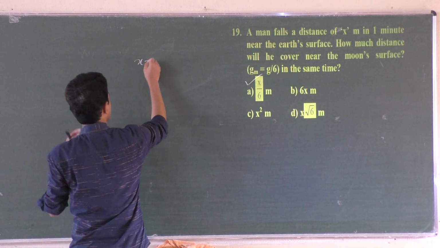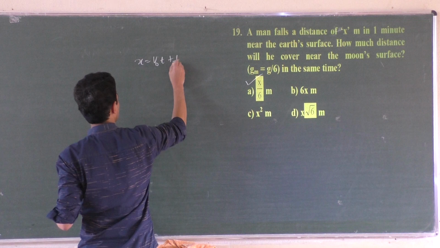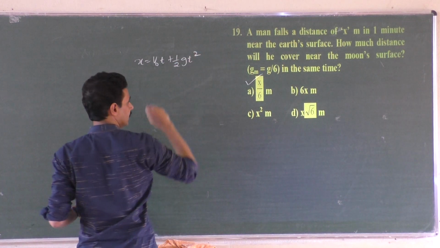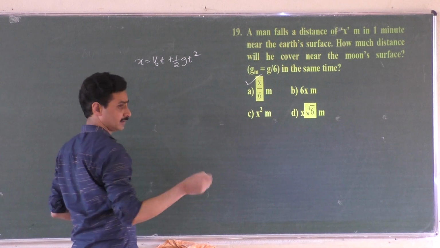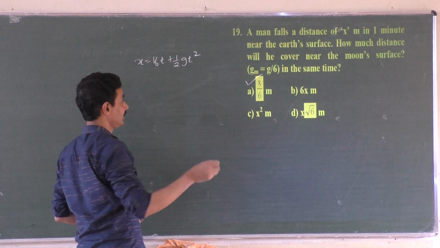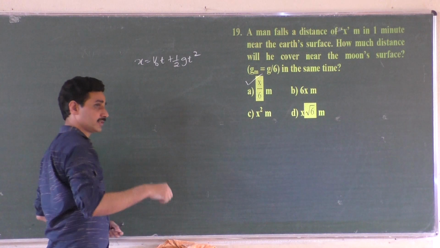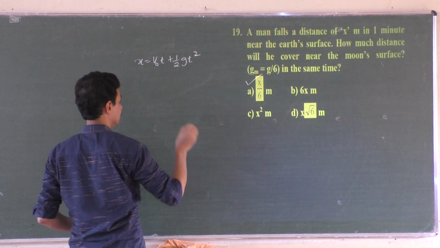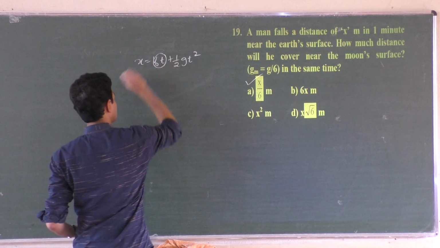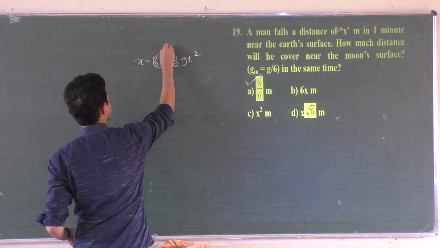The distance covered is given by x equal to v naught t plus half a t squared, assuming g to be constant at that height as it falls. We have chosen such a small height, and for both the objects it is dropped, so v naught is 0.